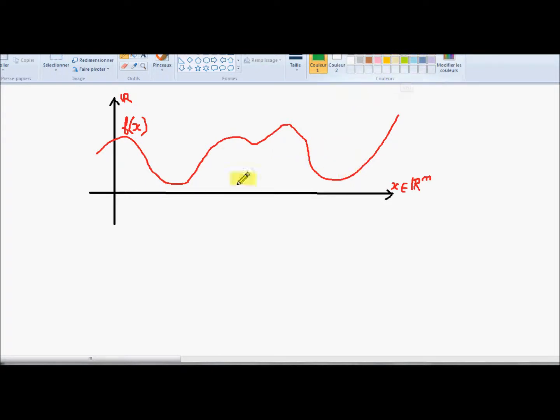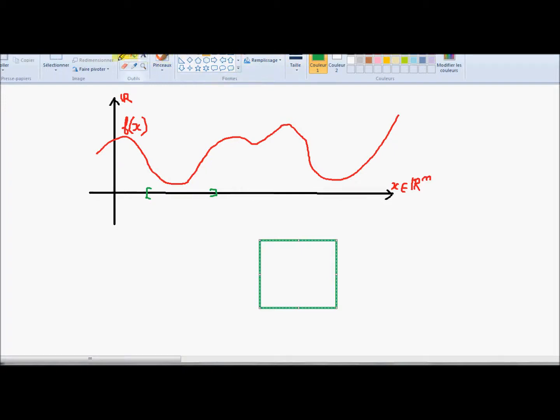So I consider, for instance, a box. In this case, it will be an interval, but in the general case, it will be something like this if I am in R2, or something more complicated if I have Rn. Of course, it's a Cartesian product of intervals.